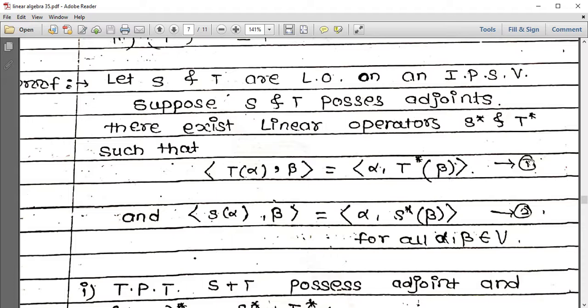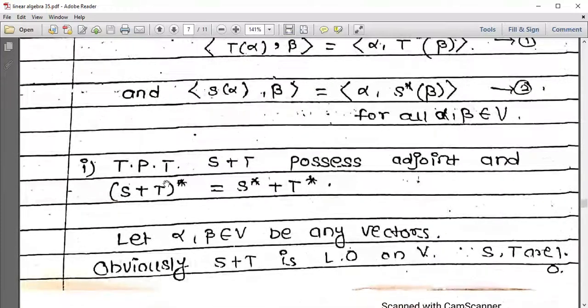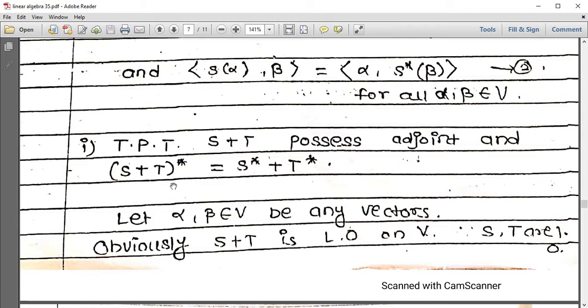Let me call this equation number 1. And the inner product of S of alpha and beta is equal to the inner product of alpha and S star of beta. Call this equation number 2, for all alpha, beta belonging to V. Now to prove that S plus T possesses an adjoint and (S plus T) star is equal to S star plus T star.